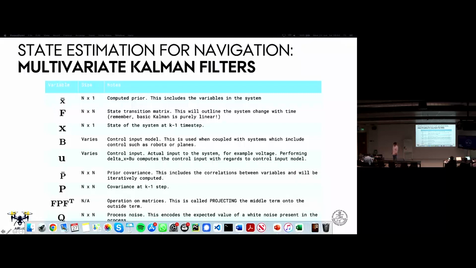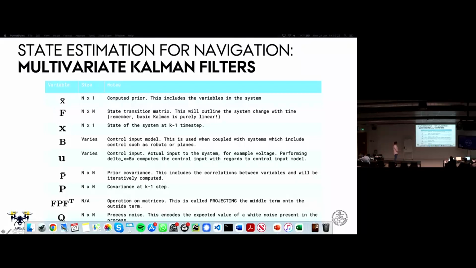Bear in mind, I also have an example for the multivariate case, so don't worry about it too much. The state transition matrix tells you how a system is going to change with time. So you still need to define some form of dynamic that the system is going to take as time progresses. You can see the state of the system at k-1, and you have the computed prior.